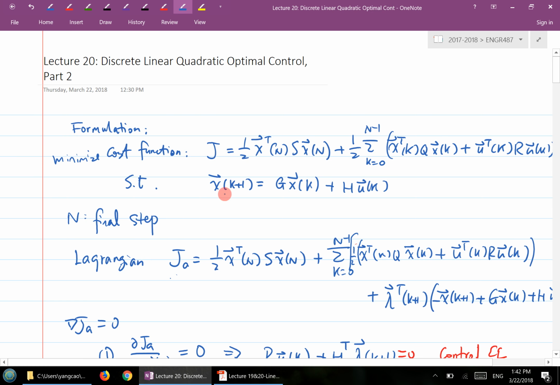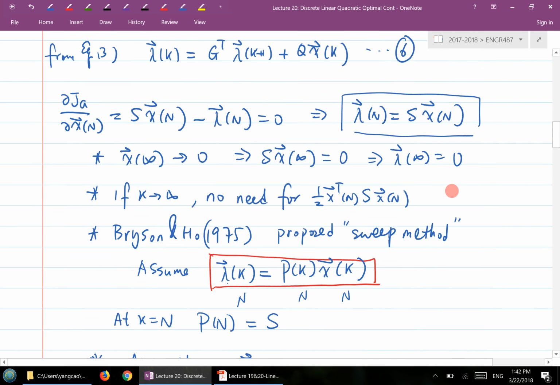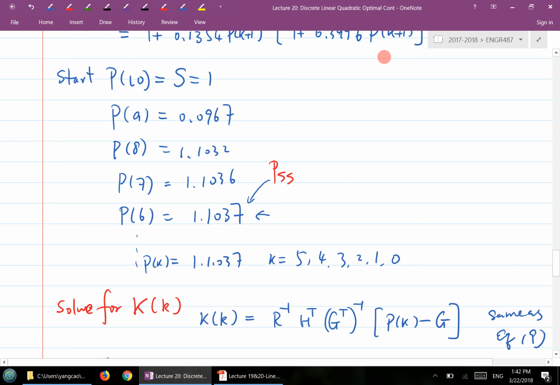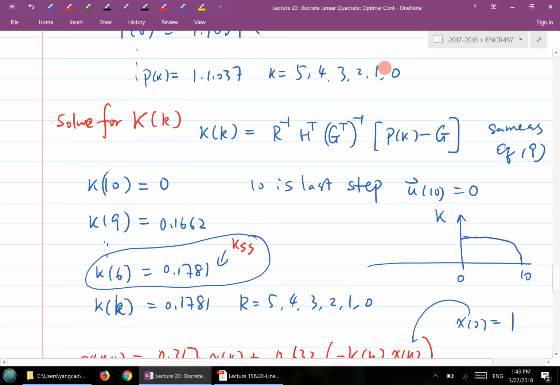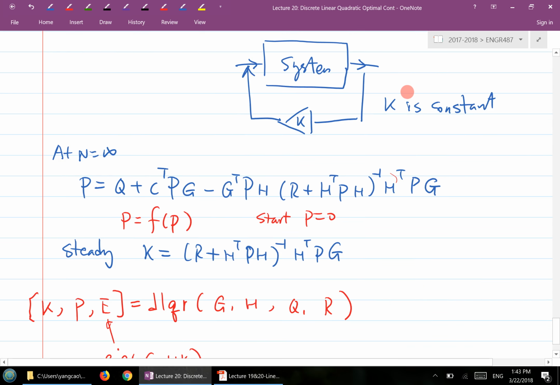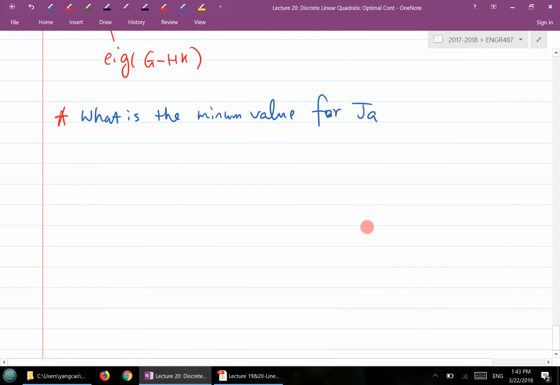So the minimum value for J_A will be the same as the minimum value for J. So the question for this portion is, I'm trying to minimize J, then what's the minimum J value? That's what I'm going to give you the answer for here.